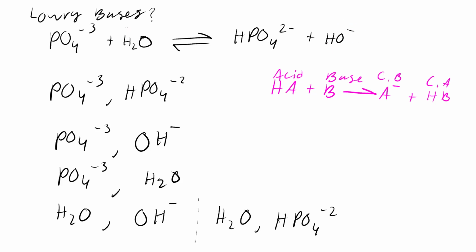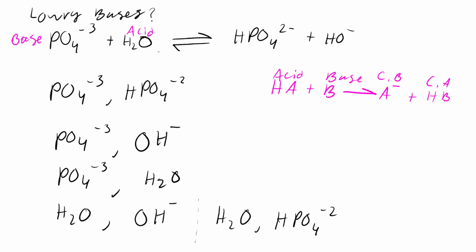So therefore it's an acid, right? If we're looking for Lowry acids and bases, then we're going to be looking for hydrogens. This one did not have a hydrogen to begin with, so it's not going to be your acid. This would be your acid, okay? Therefore, if this is your acid, this would be your base, okay?